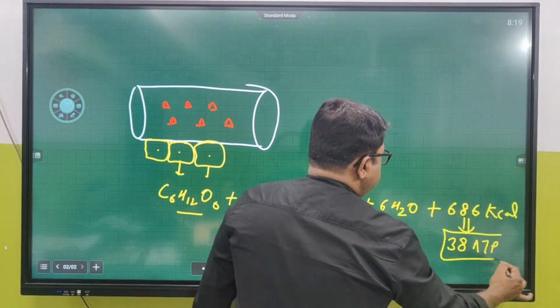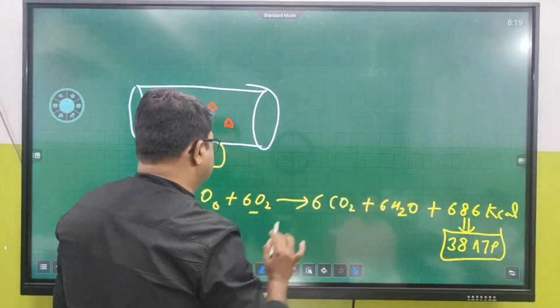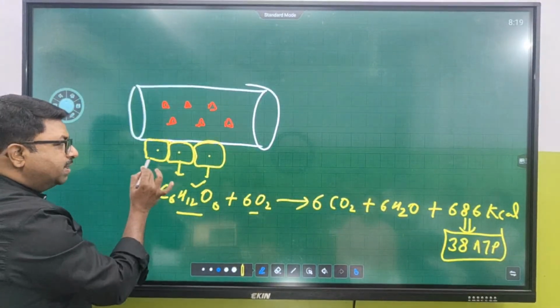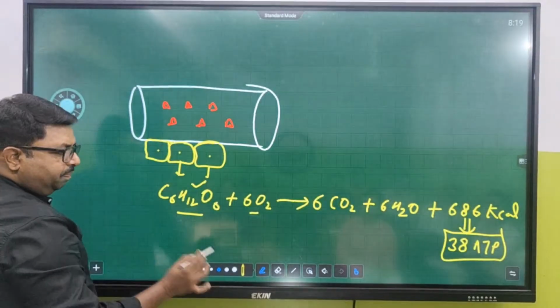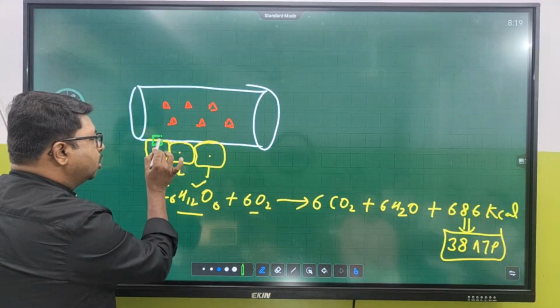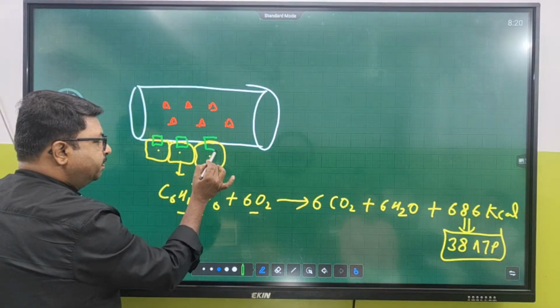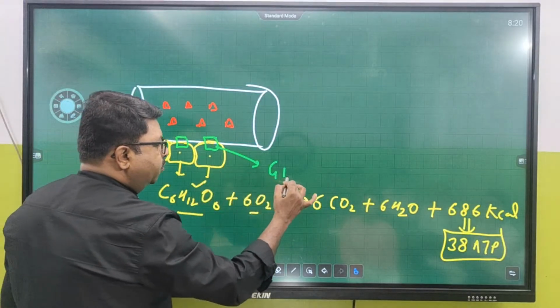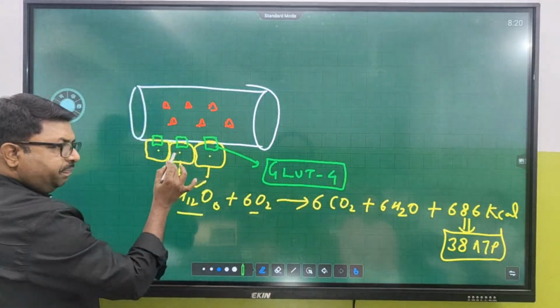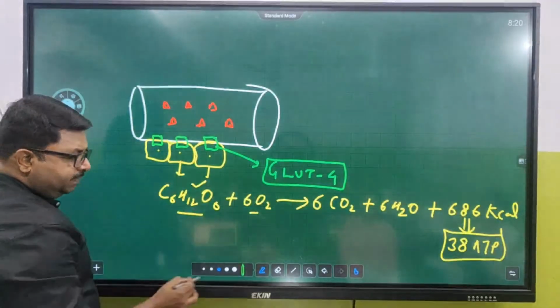So the cell, in order to get this energy, needs to break down the glucose. But how do these cells get glucose from the bloodstream? If you remember from the biological topic, there are some receptors called GLUT4. GLUT4 is a receptor which can help the entry of glucose inside the cell.